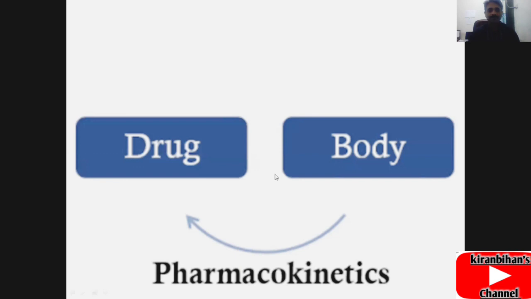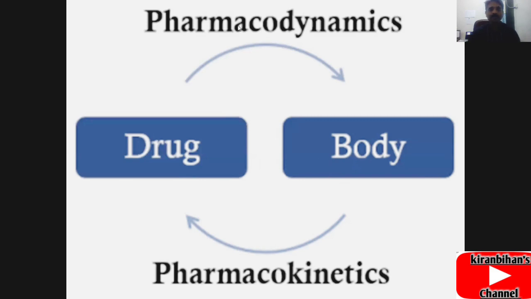Here you can see the arrow indicates that the body is interacting with the drug. The definition of pharmacokinetics then will be what the body does to the drug, and what is pharmacodynamics then? Pharmacodynamics refers to what the drug does to the body.